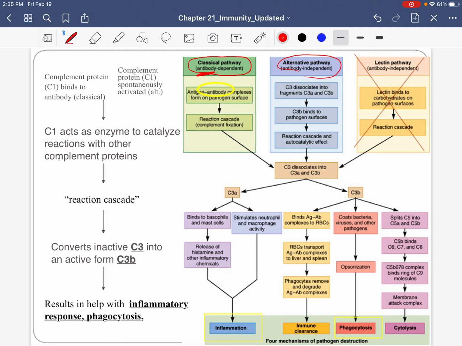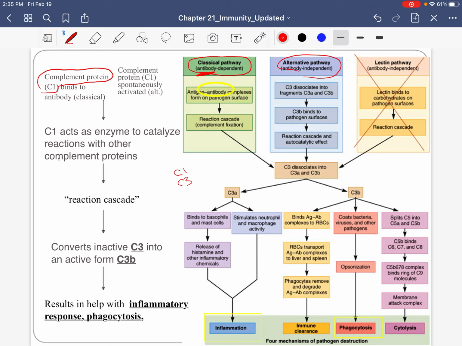Okay, what else do I want to point out from this diagram? Well, I want to point out that you see a whole bunch of letters and numbers like C1, C3. Anytime you see that in this way, they are talking about complement proteins. So you can see I've defined that here. C1 is complement protein 1. C3b is complement protein 3b.